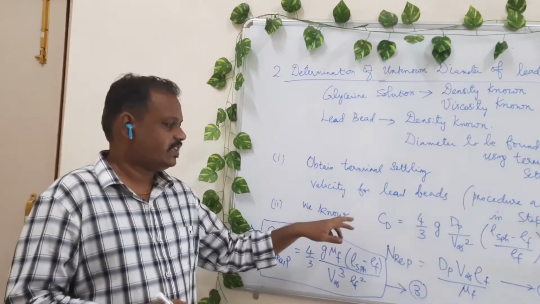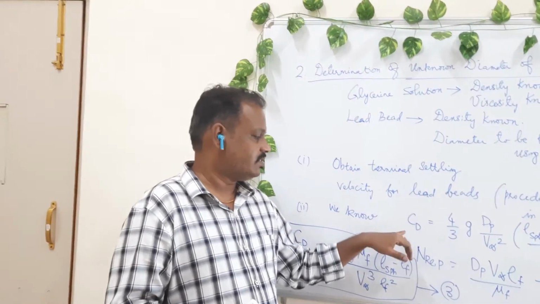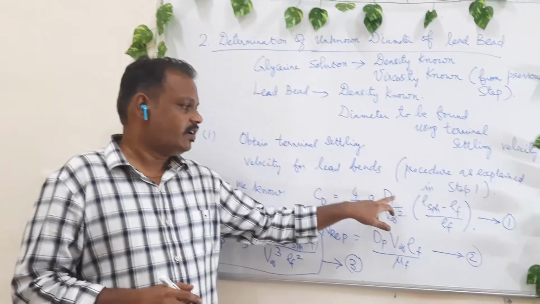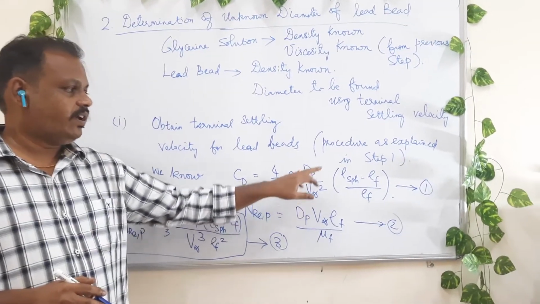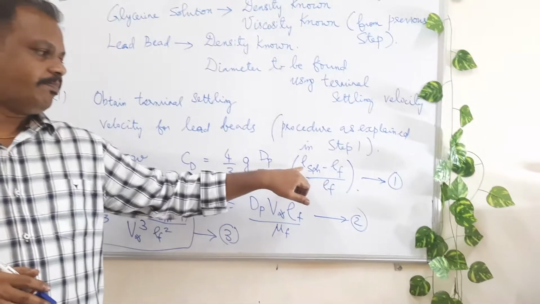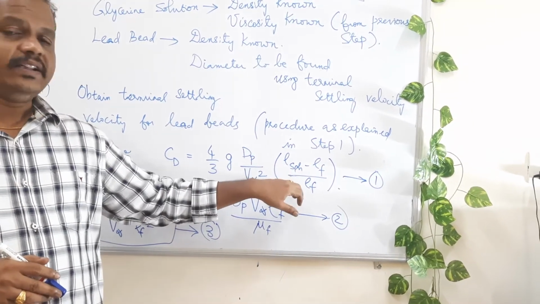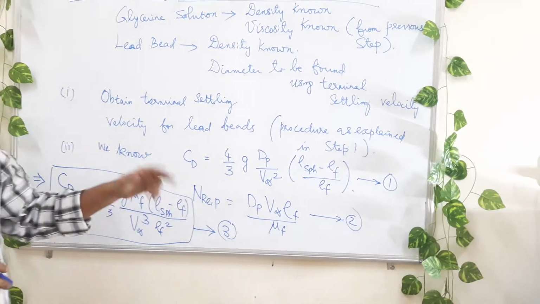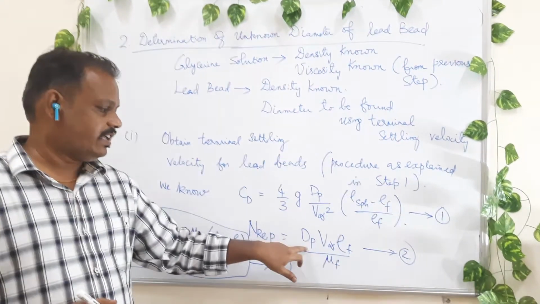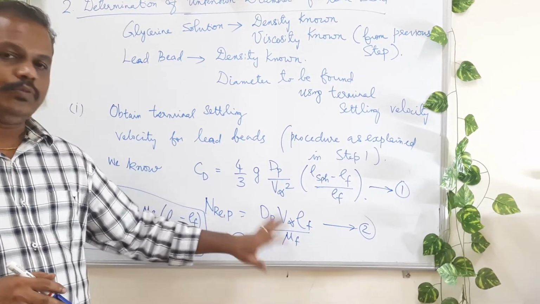First, as we know from the drag coefficient equation, CD is 4 by 3 g into dP by V infinity square into the density difference between the bead and the fluid divided by the density of the fluid. The next equation is the Reynolds number equation, which is nothing but dP V infinity rho f by mu f.